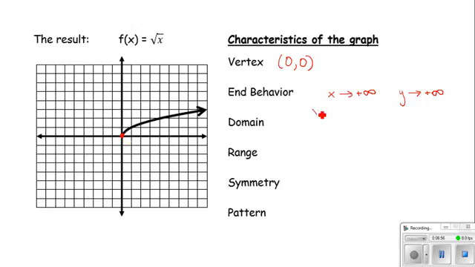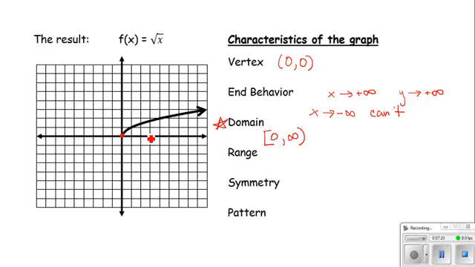As x goes to negative infinity, it can't. It stops. This one does have a restricted domain. It has a restricted domain because x has to be greater than or equal to 0. Not all real numbers. We can't take the square root of a negative number. That's what that boils down to.